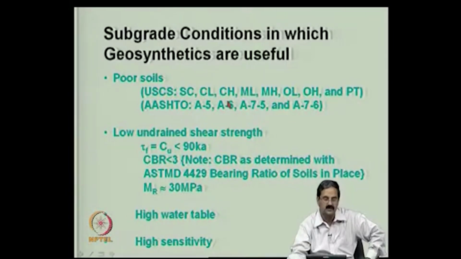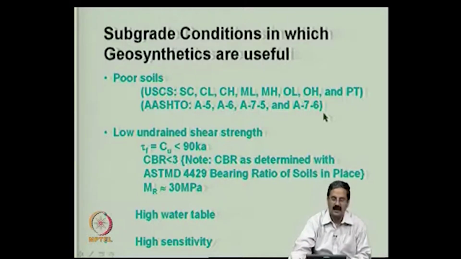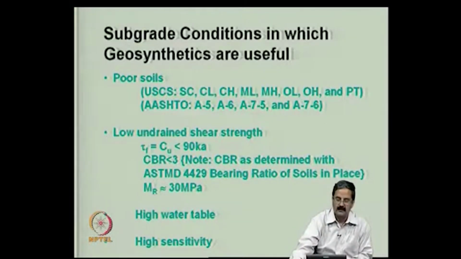PT soils also, and in the AASHTO code, A5 to A6 are all very poor varieties of soils. In the AASHTO code, the lower numbers are for good soils, these are for poor soils. And if the undrained shear strength of the soil is less than 90 kPa, okay, and CBR is less than 3.